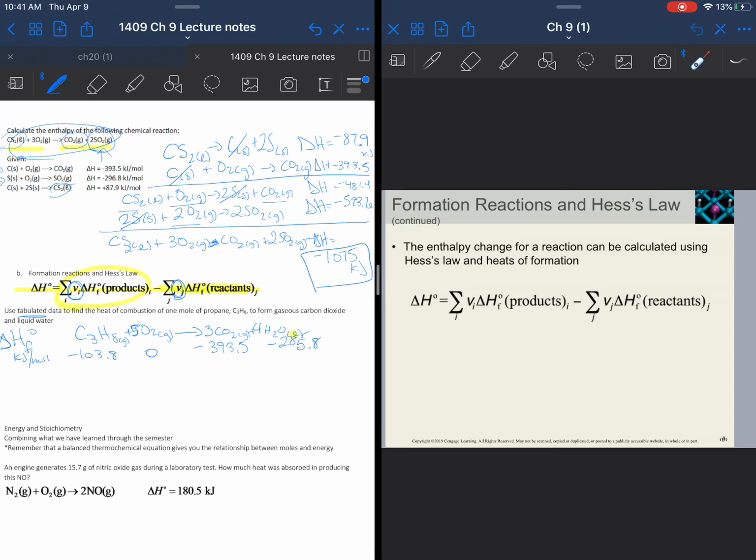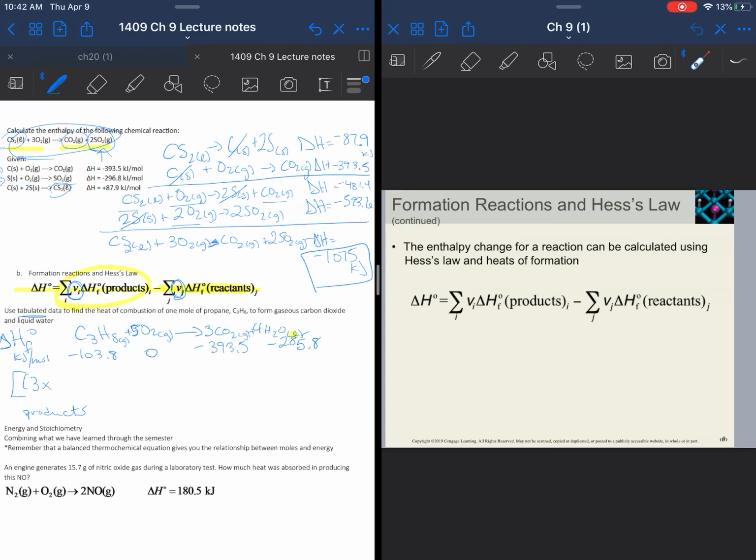Now you notice I skipped oxygen. Well, O2 in the gaseous state is the elemental form, so there is no heat of formation there. It's already in its elemental form. Oftentimes you won't even see this on a table. If you're looking at an element in its elemental standard form, HF is going to be 0.